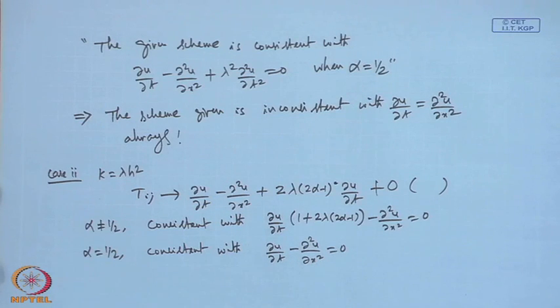So, this tells the verification of a consistency. So, in case 1 when k is lambda h, we have seen one of the non-zero terms blows up in the limit h goes to 0. So, that means definitely error is not bounded. So, consistency does not arise, okay.